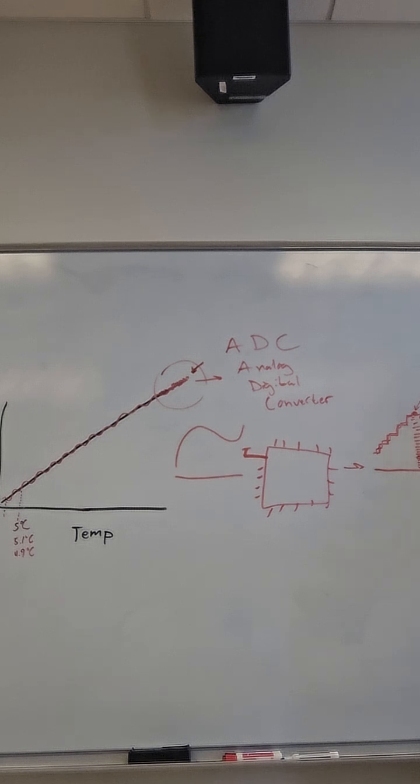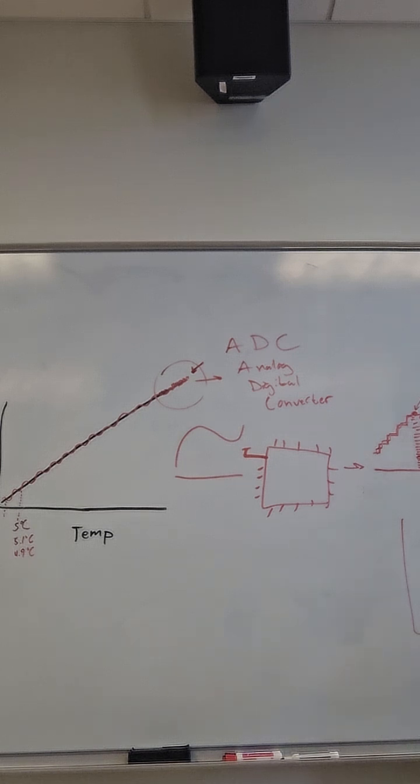So this might be 2, and this might be like 80, and we know that 2 is 0 degrees, and 80 is 100 degrees.